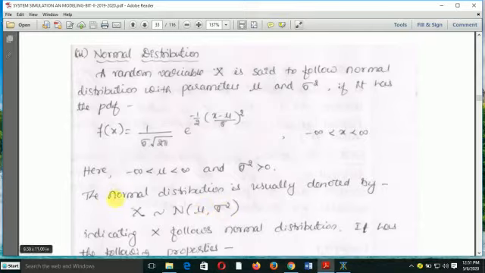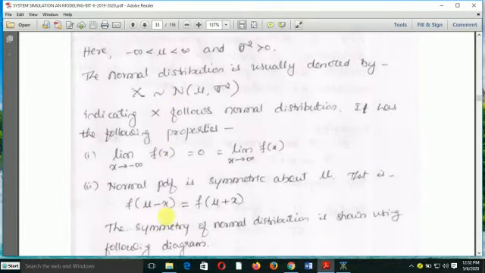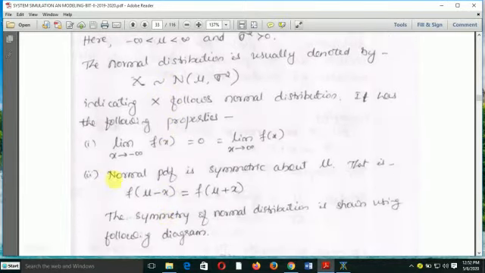So it means that we have a normal distribution defined in terms of x, n, mean and variance. We say that x follows normal distribution if it has the following properties. Which properties? Two properties.